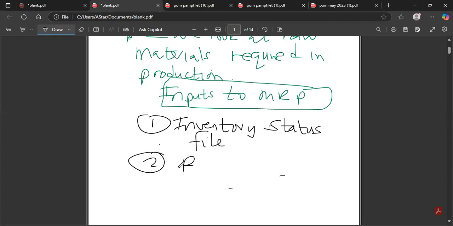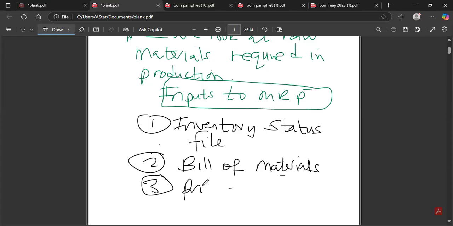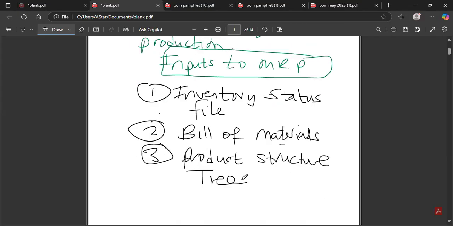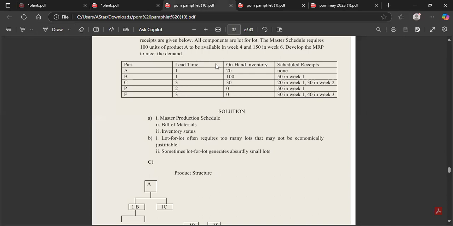We have the bill of materials. Then the last one, we have the product structure tree. So these are the inputs to the MRP that we actually look at.